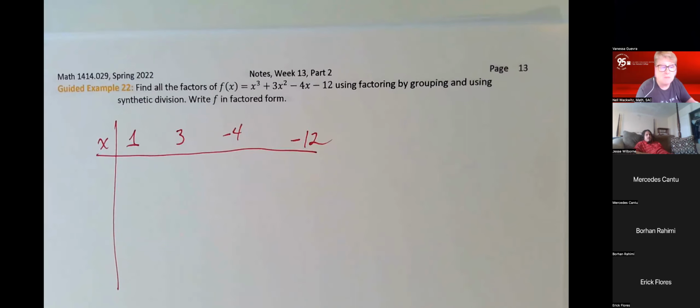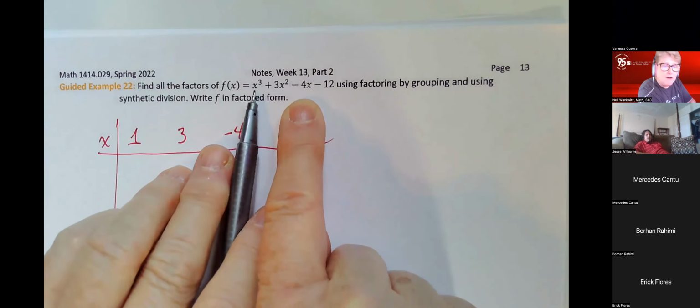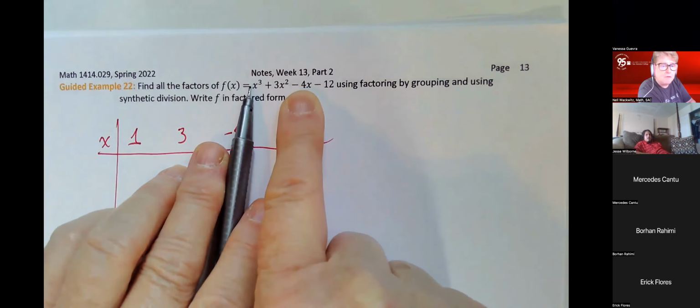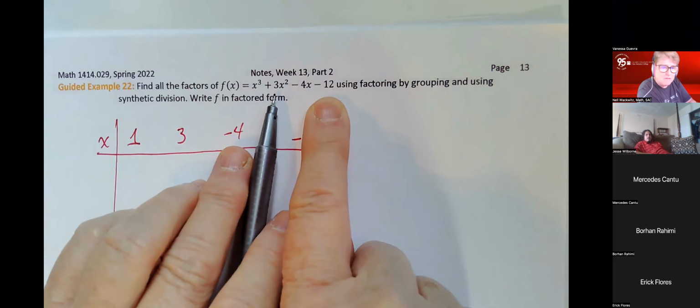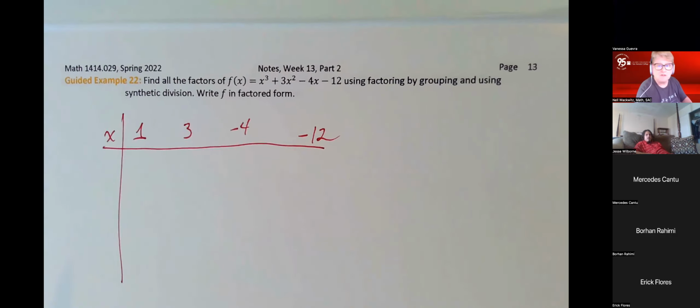So x minus 1 is not a factor. Let's see if x plus 1 is. Let's add all the odd terms, 1 plus -4, that's -3. All the even ones, 3 minus 12, that's -9. They're not the same number. So x plus 1 also doesn't work.